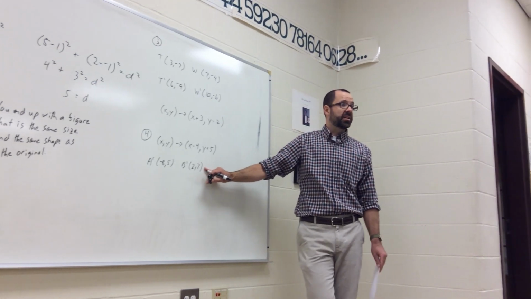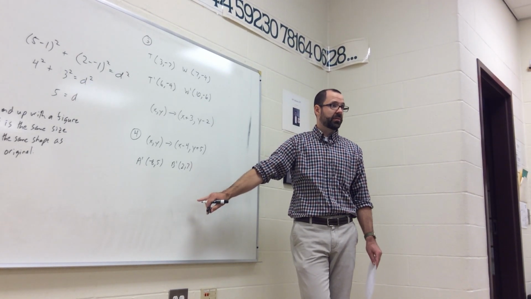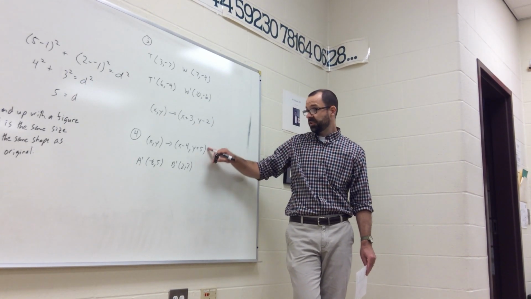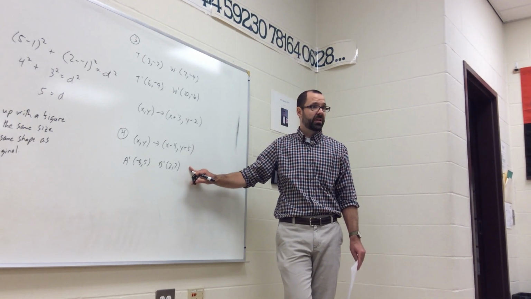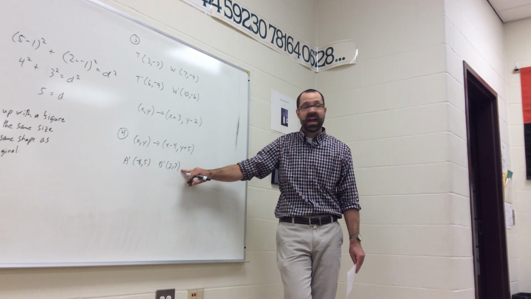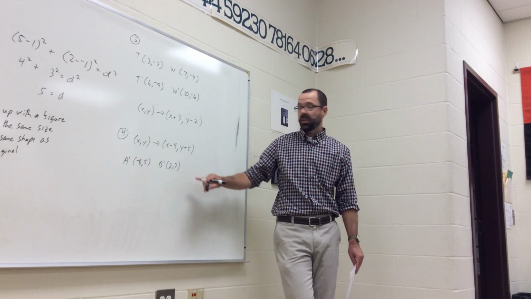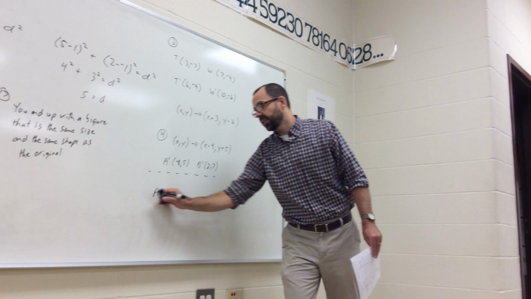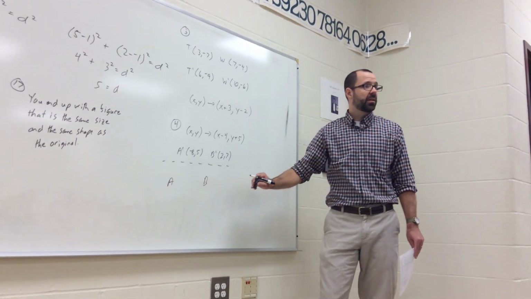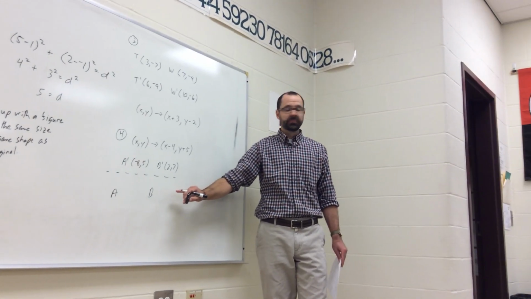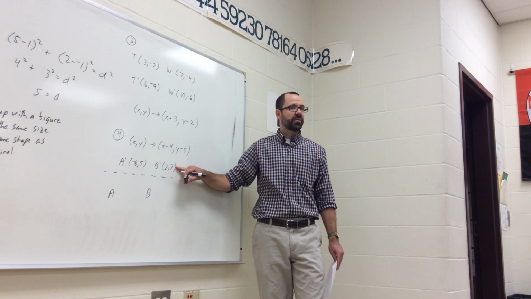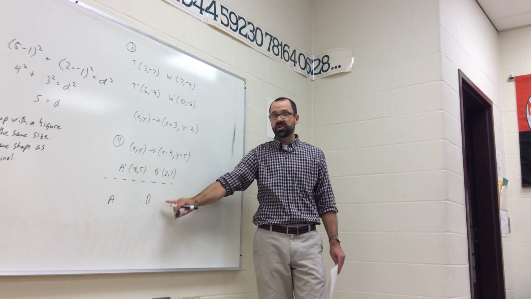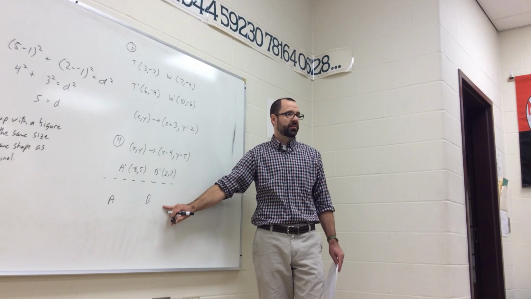And the question says, find the old ones. Okay, so this is all of the question. They gave us the rule. They gave us how it ended up. And our job is to figure out how it was originally. The original A and the original B. This is called the image, the new one. And this is called the pre-image, the original.